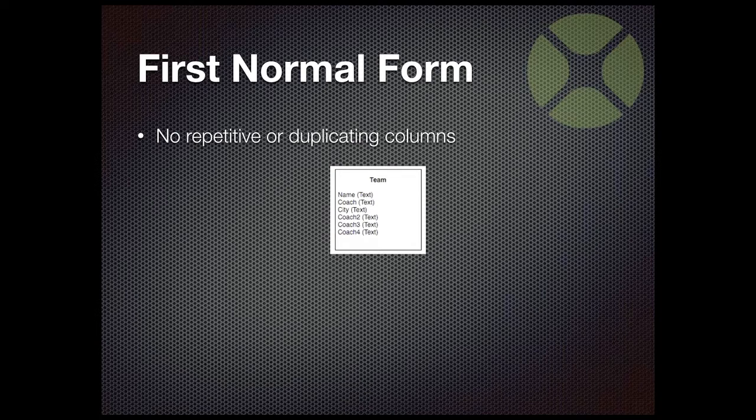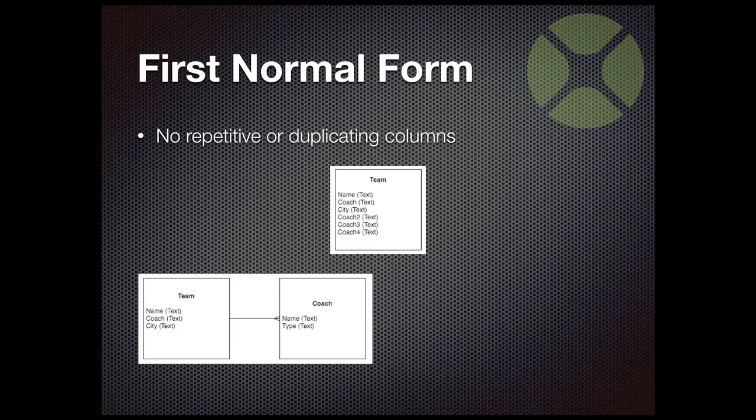And then a couple of years later, now they're up to 4 coaches. So you just keep adding these coach columns. And where does it end? In the case of a team, there's obviously a practical limit on the number of coaches, but it's not a great design to have extra columns just to store information like this.